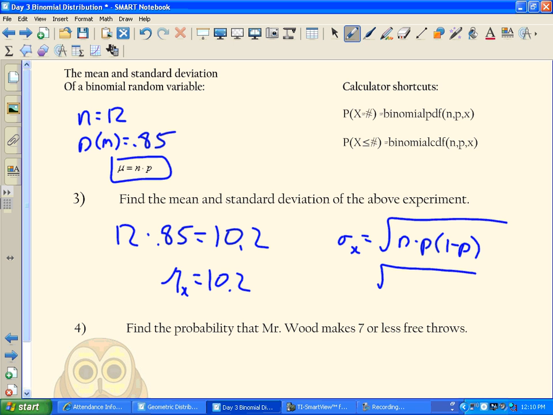So it's the square root of 12 times 0.85 times 0.15. What do we got? 1.237 there?